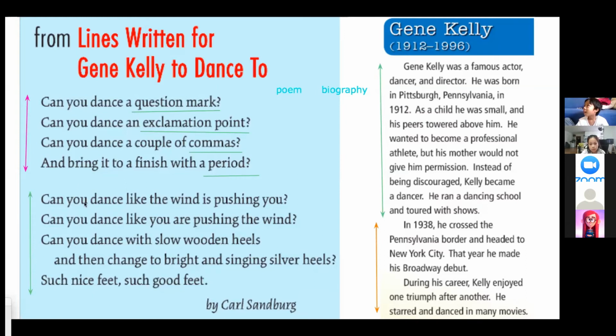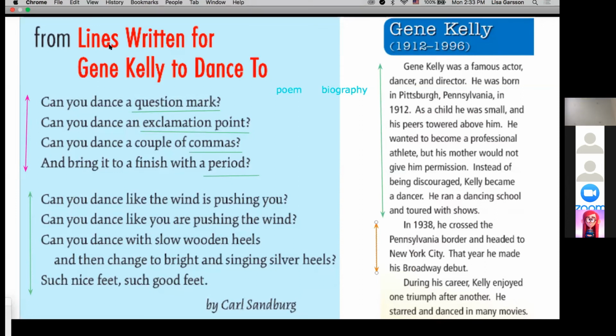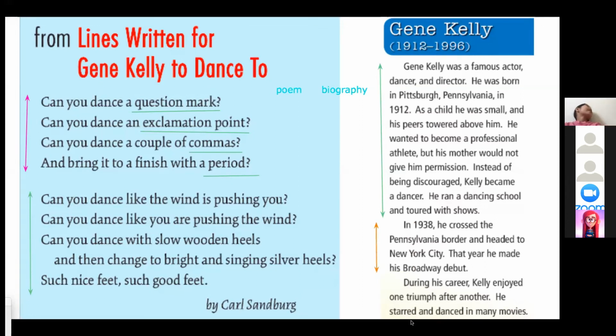What are the groups of sentences called? There are 3 of them in this text. Paragraphs, right? So whereas poems use verses, biographies use paragraphs.